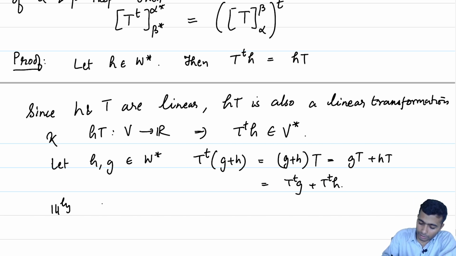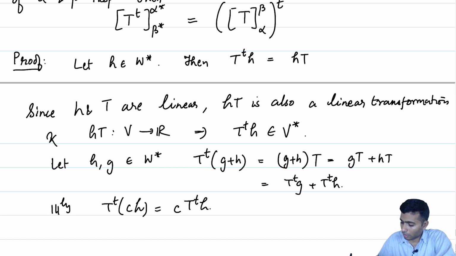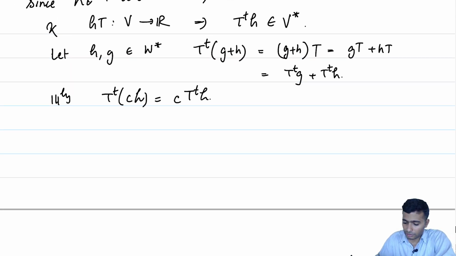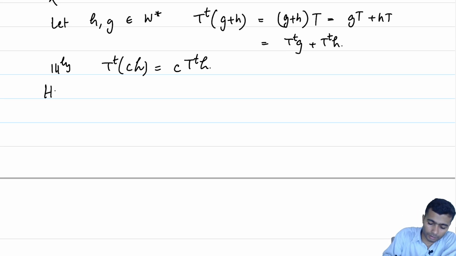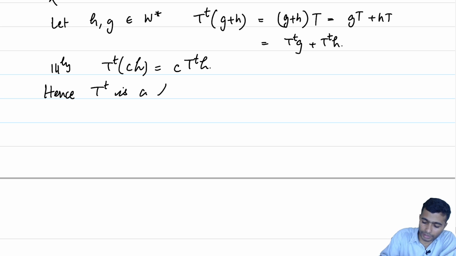Similarly, T transpose of C times H is equal to C times T transpose H. So that tells us that T transpose is a linear transformation.